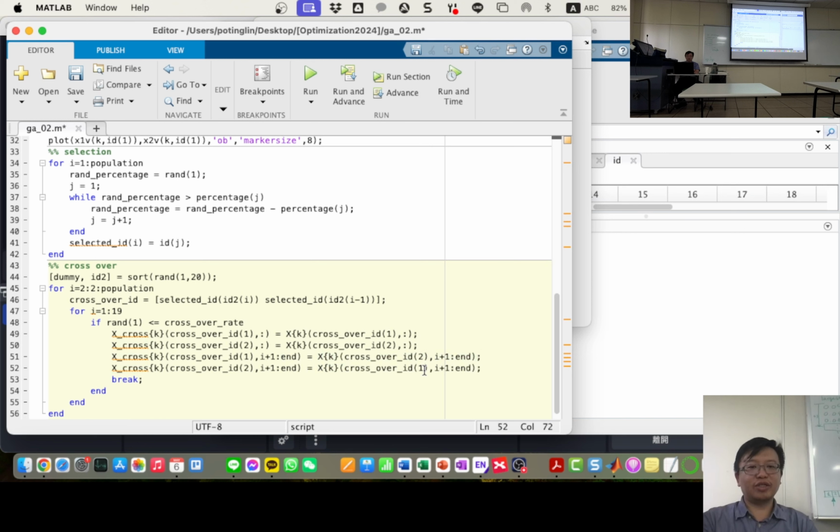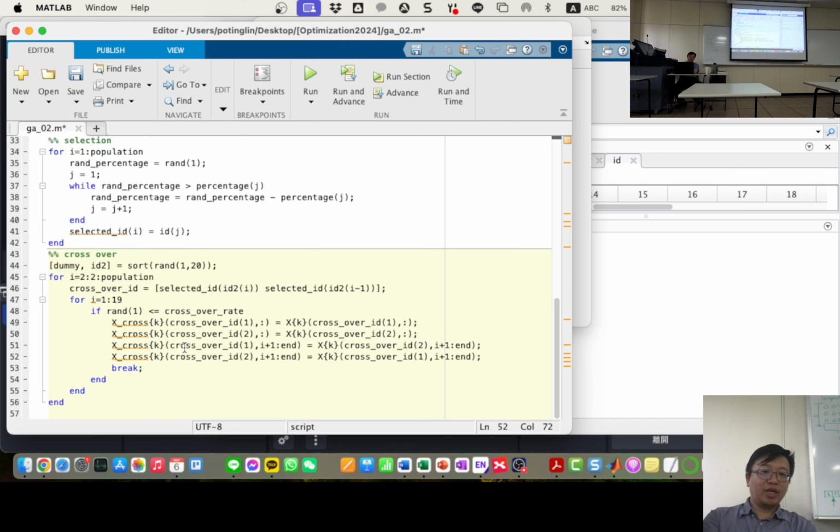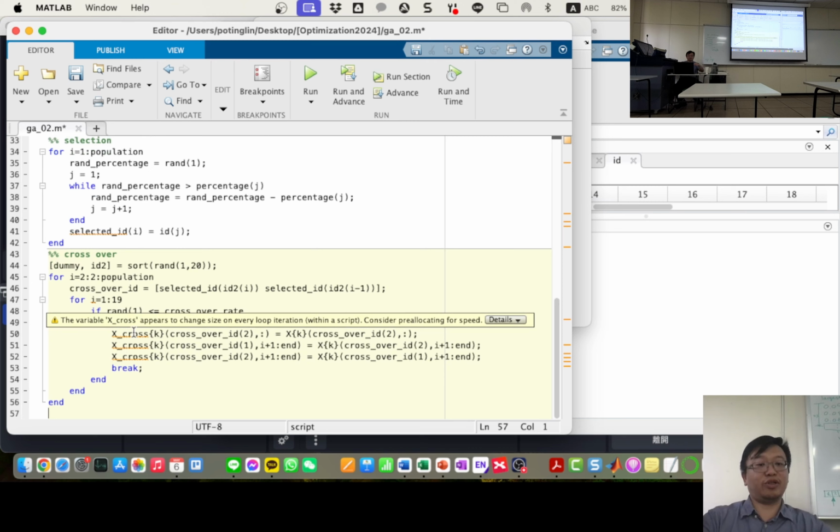Let me see if I'm right. The tail of the first one equals to the tail of the second one. The tail of the second one equals to the tail of the first one. Yeah. Then after break, all the X cross will be the new chromosome.